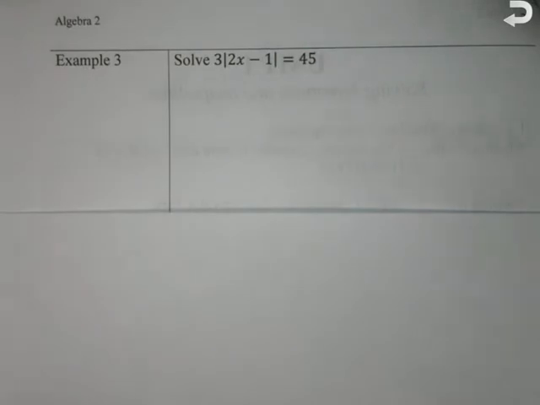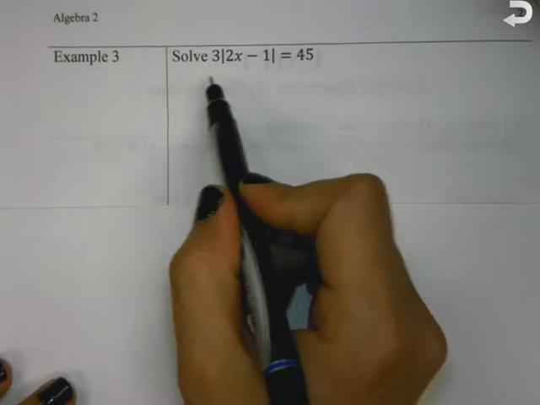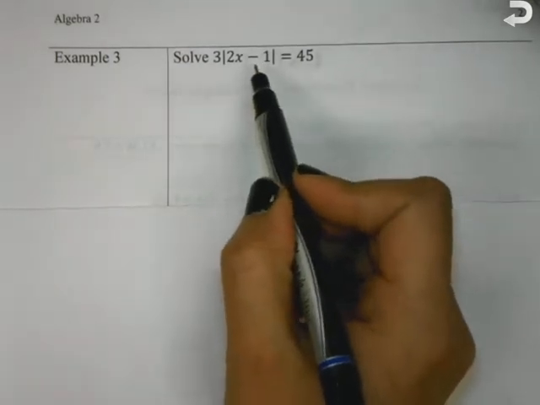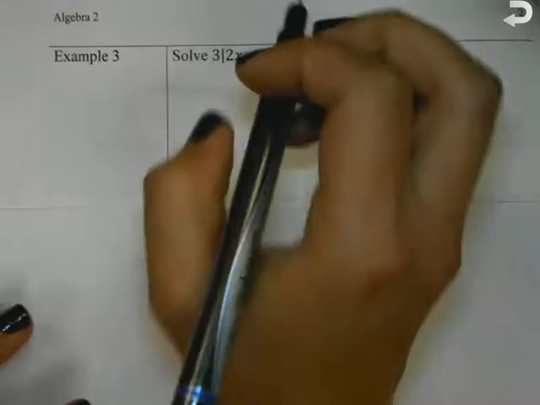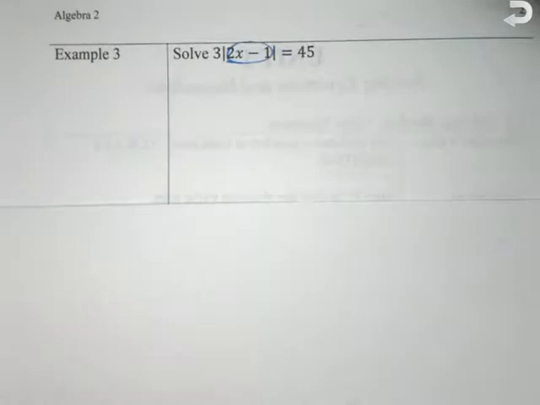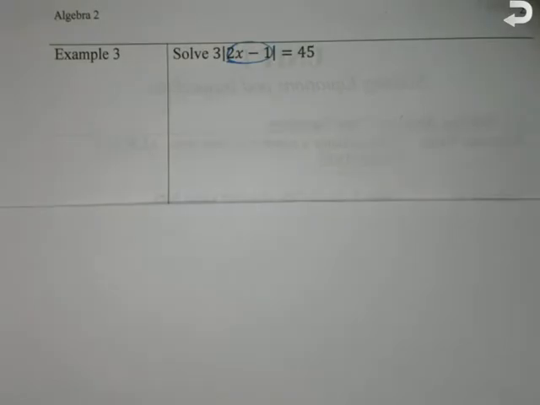So example 2 for solving these absolute value equations, example 3, we want to solve 3 times the absolute value of 2x minus 1 equals 45. Now remember, this absolute value is keeping everything on the inside together, and whatever is inside the absolute value isn't going to change.